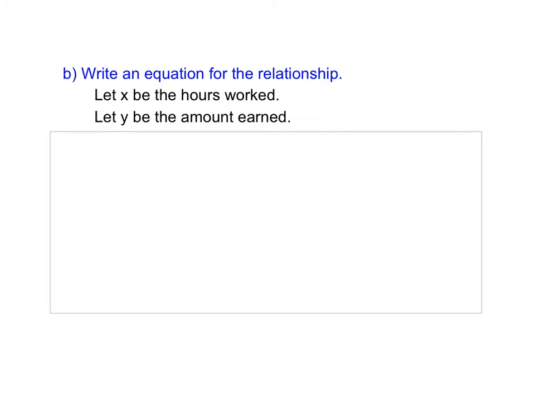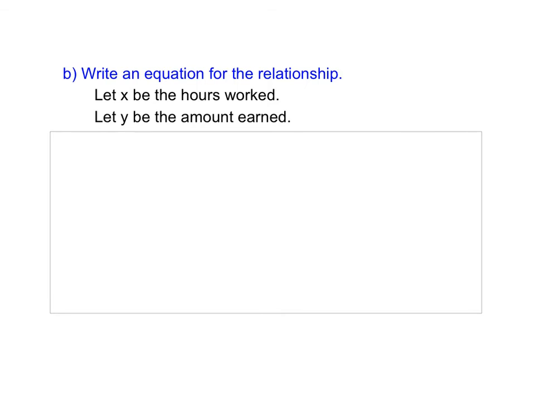Okay. When we are dealing with relationships, sometimes one quantity depends on the other one. Especially in this particular example, the amount that he earned is controlled by the hours that he worked. So y is used to represent the dependent variable.